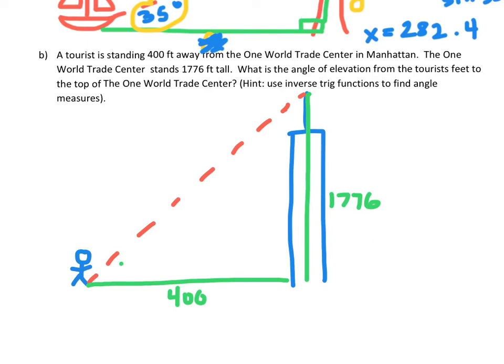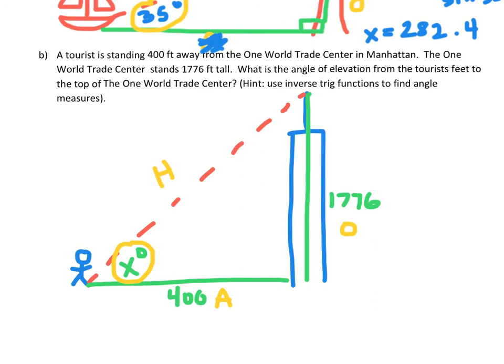The angle we're looking for is this angle right here, which also is going to be my vantage point. So I am going to circle that. So from that vantage point, this would be my hypotenuse. This would be my opposite, and this would be my adjacent. So there would be my triangle labeled based on that vantage point.